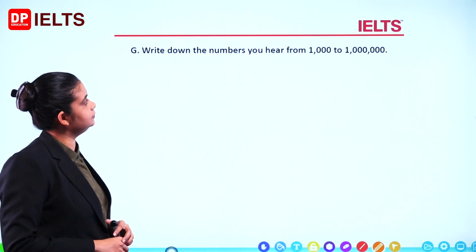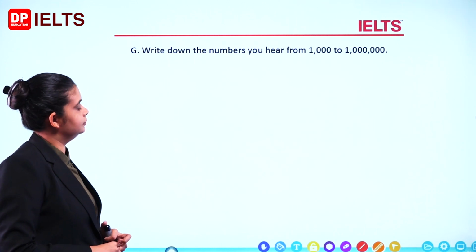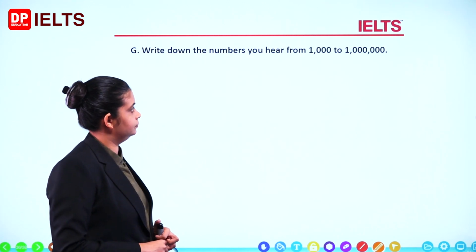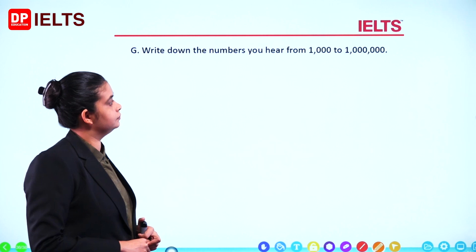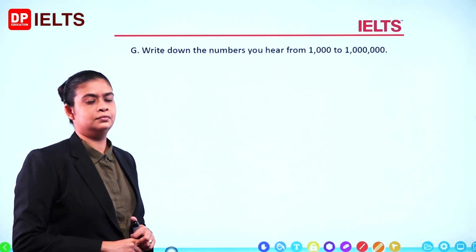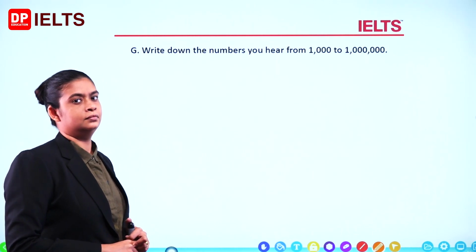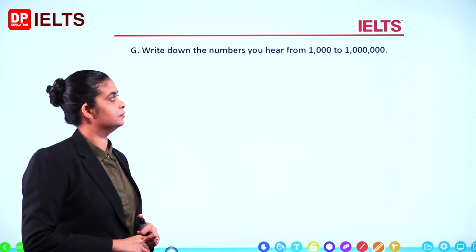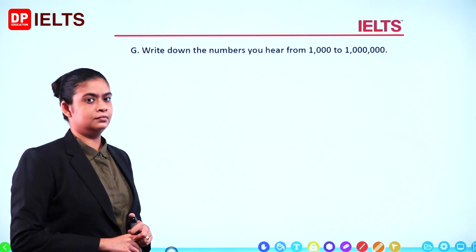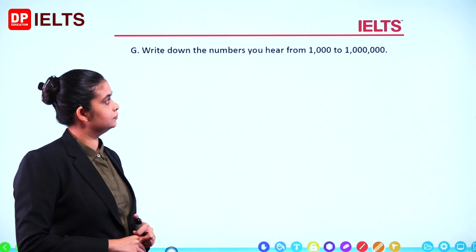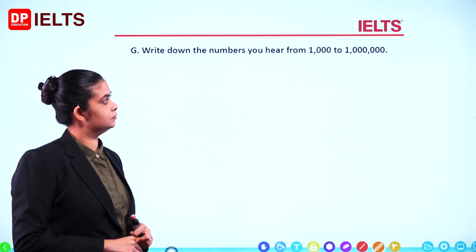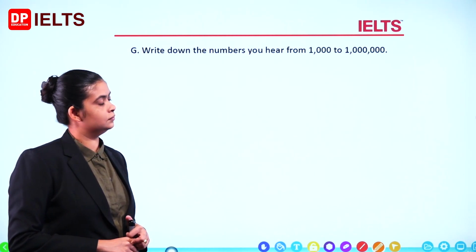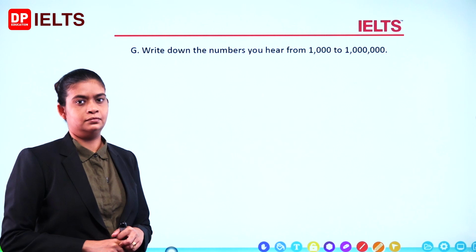Number 1, 2,350. Number 2, 6,719. Number 3, 10,300. Number 5, 80,500. Number 6, 65,000.